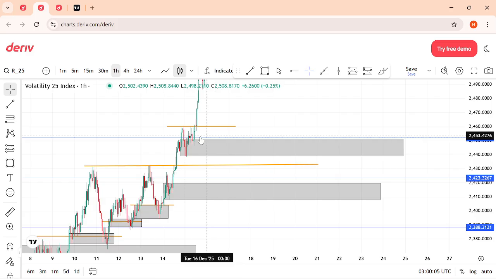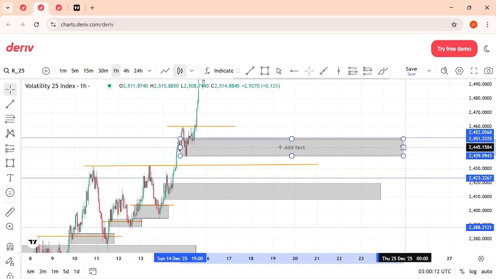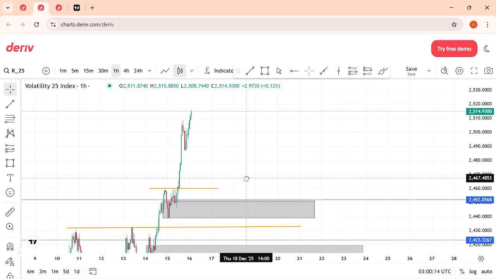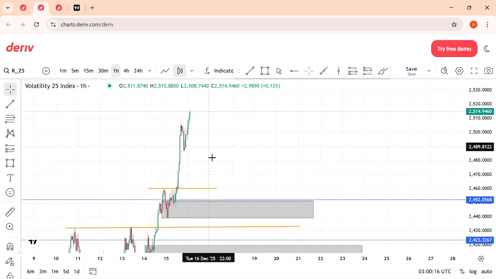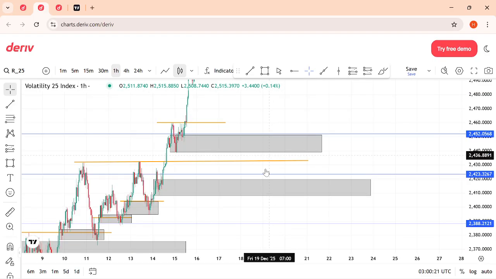Why? The reason is because it aligns with our line of sensitivity, which is the low. So we wait for price to do all its rally to the upside and drop back down. We begin to look for opportunity here and another opportunity here. This would be a more preferable opportunity, and this would be a lighter opportunity.